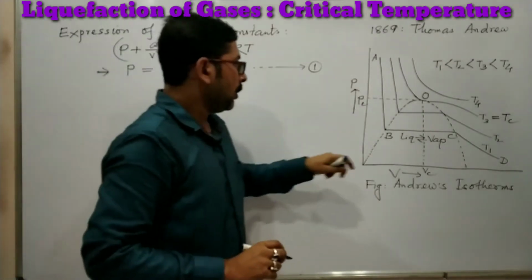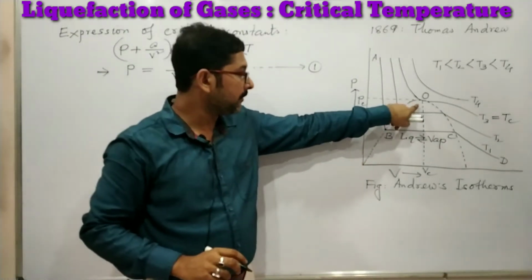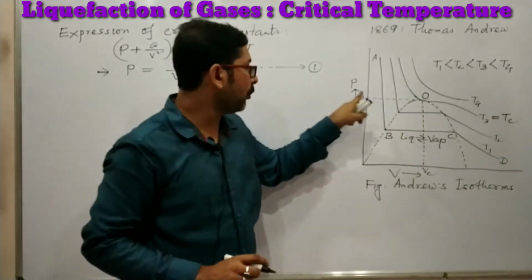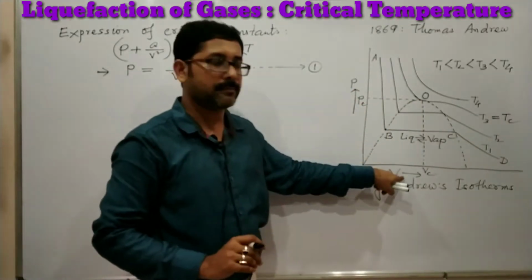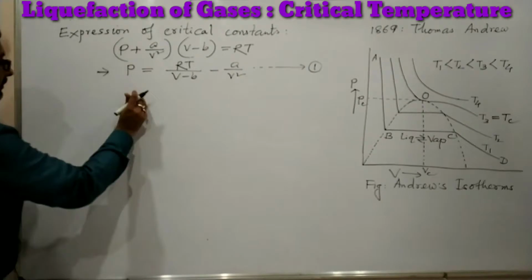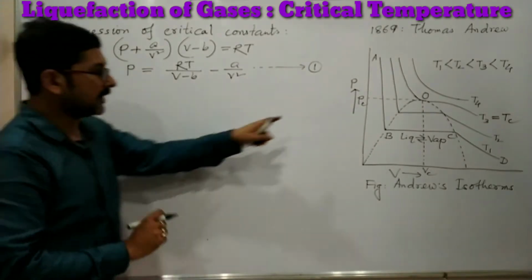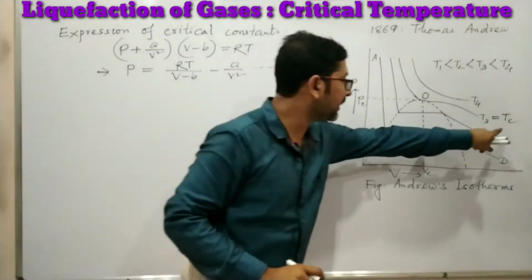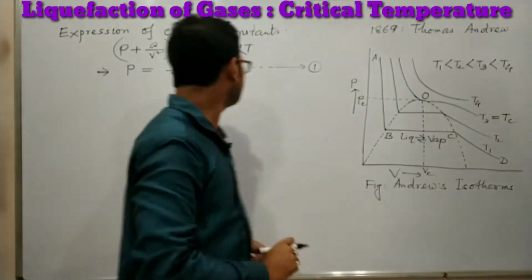Now look at this point, the critical point. At this point the slope of the PV graph is 0. So we can write that del P del V at constant temperature Tc is equal to 0.